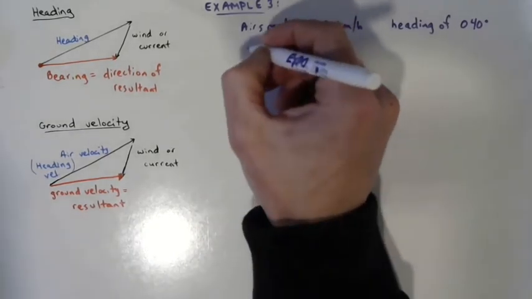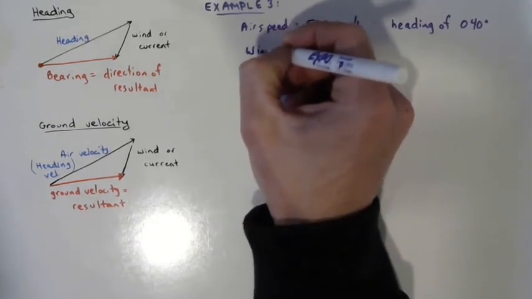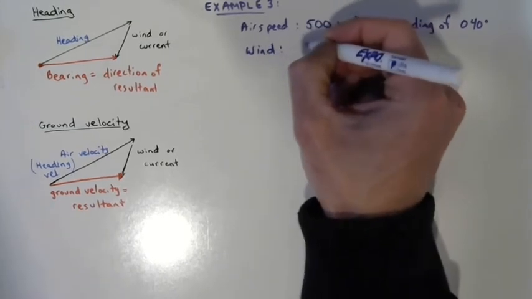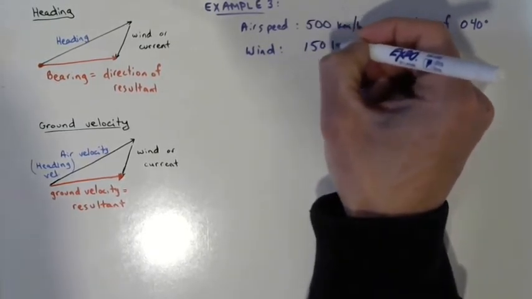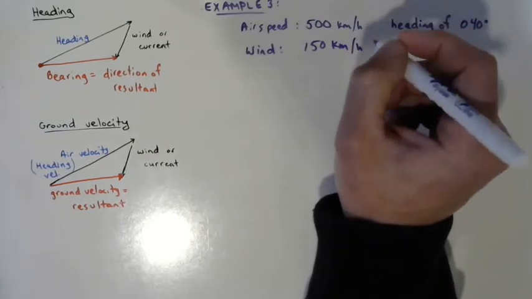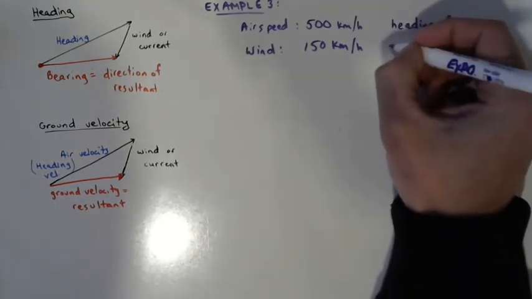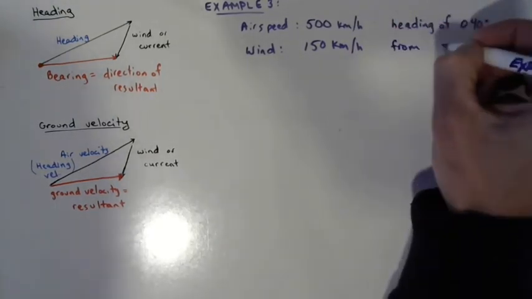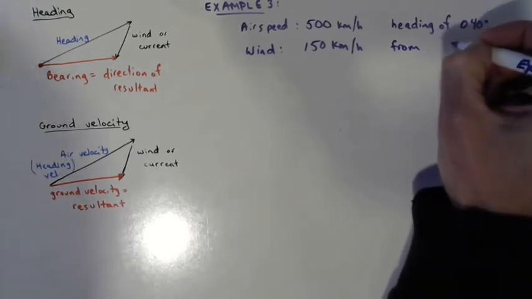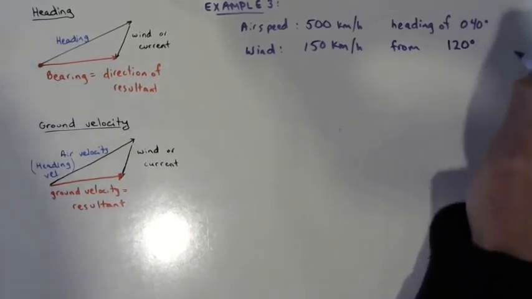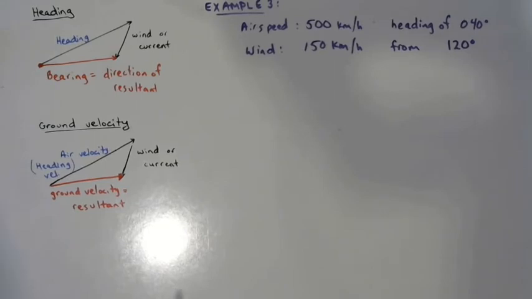And we have more information. We have a wind. The wind is 150 kilometers per hour, and it is blowing from a bearing of 120 degrees. And we need to determine the ground velocity of the airplane and the direction of flight.